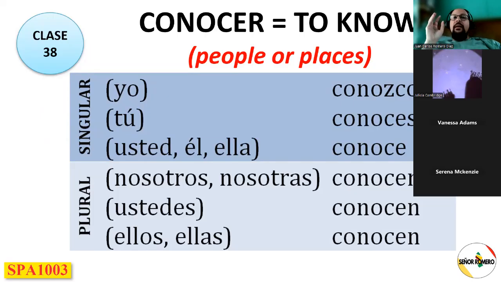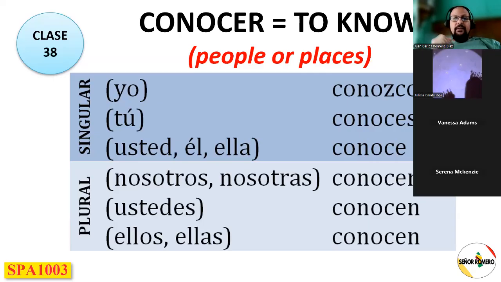My brother knows New York. Mi hermano conoce Nueva York. We all know Celine Dion. Conocemos a Celine Dion. Remember that when you say I know, and what you know is a person, you have to put before the name of the person the preposition a.